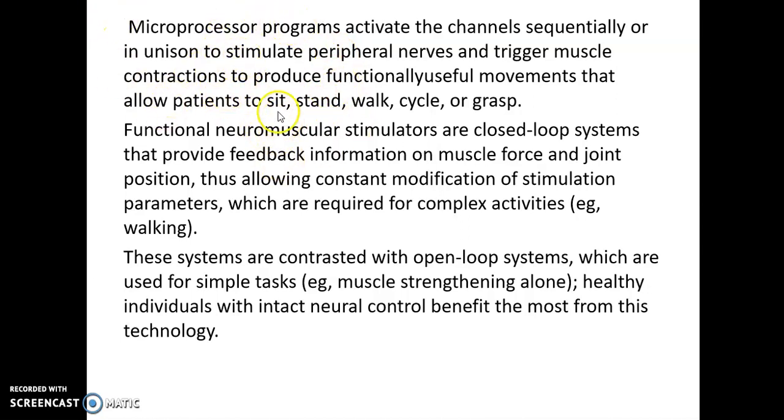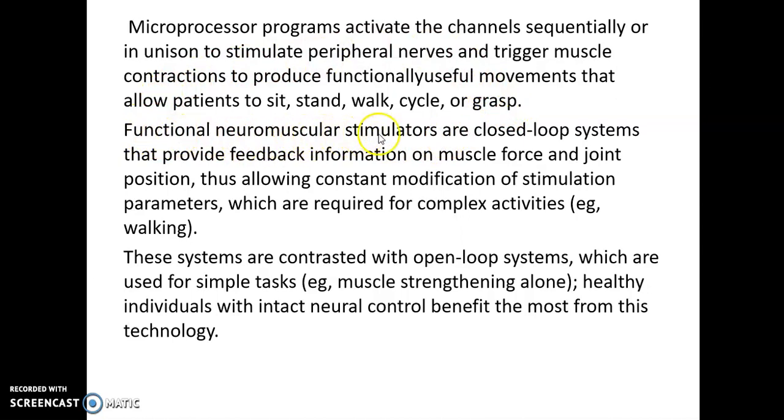In sitting, the patient may be allowed to sit and then do some activities of the hand if it is for the upper limb, or if it is for the lower limb, sit and then do knee extension flexion exercises, or standing and then using the upper limb, or standing and then single limb stance, or those kinds of activities, walking, cycling, or grasping. So all these kinds of functional activities can be applied along with the FES, FNMS.